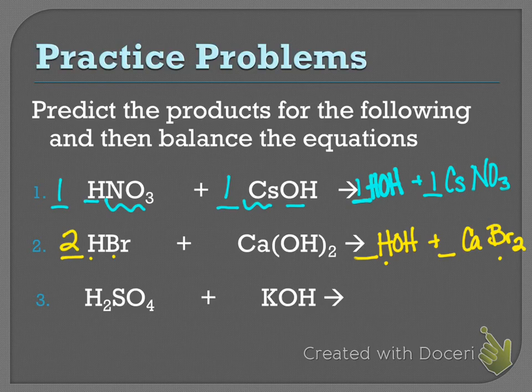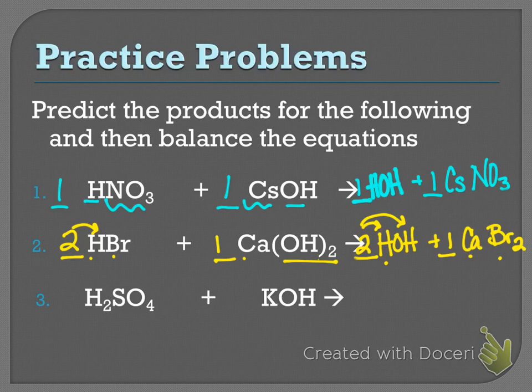Now, yes, that does give me 2 bromines, but also 2 hydrogens. So we're going to put a 2 in front of the water. That will give me 2 hydrogens, but also 2 hydroxides. If you look over here, there are 2 hydroxides, so that works out. And then 1 calcium, 1 calcium. So if you want to double check, this should all be balanced 2, 1, 2, 1.